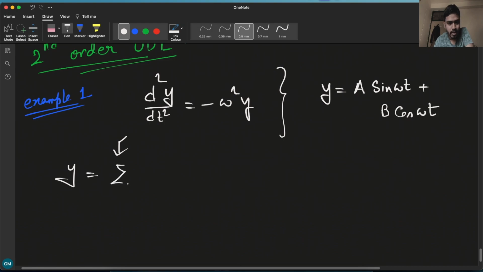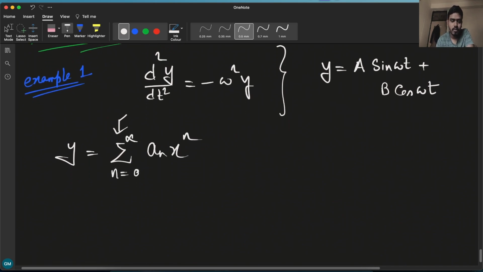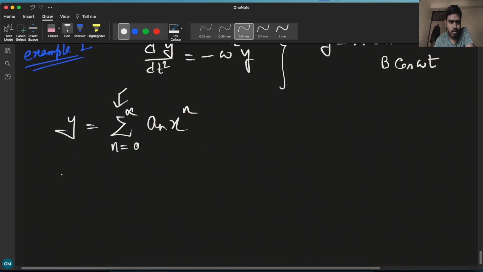Write y as a power series, sum of an x to the power n, n equals 0 to infinity, and now find out y dot. Y dot means dy/dt.